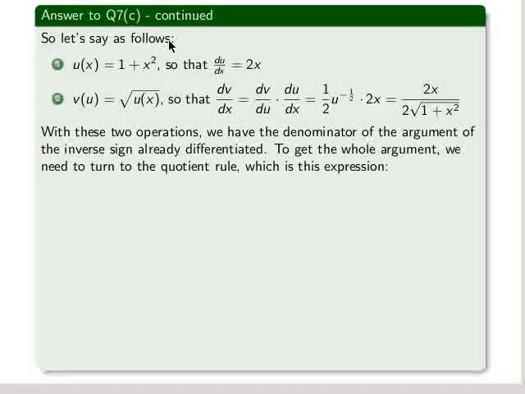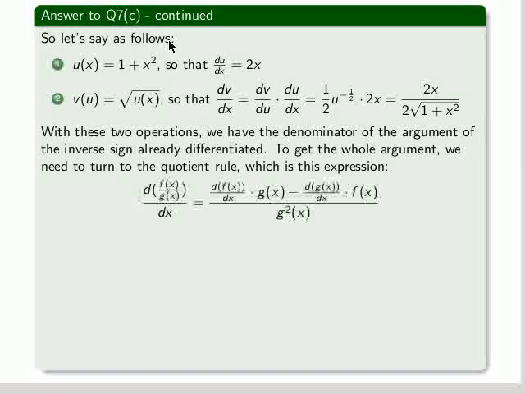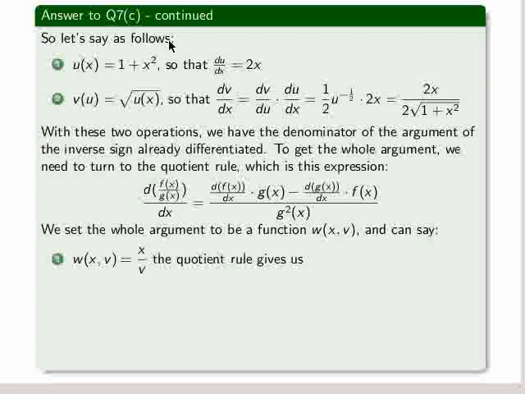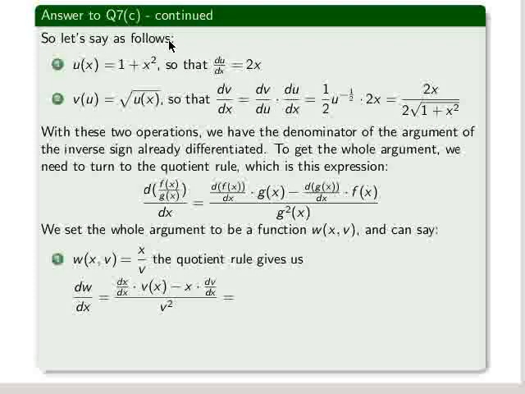With these two operations, we have the denominator of the argument of the inverse sine already differentiated. To get the whole argument, we need to turn to the quotient rule, which is this expression. That should be recognizable, and also it needs to be in your memory. We set the whole argument to be a function w depending on x and v, and the quotient rule would give us as given.